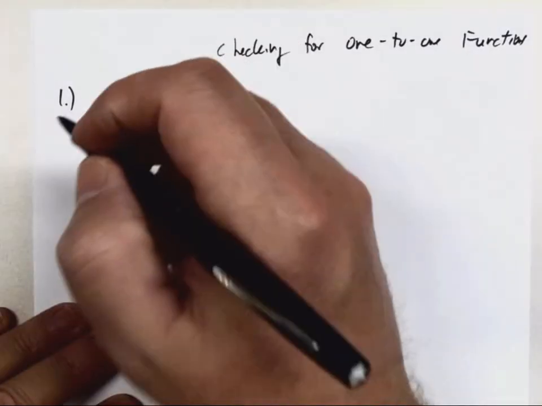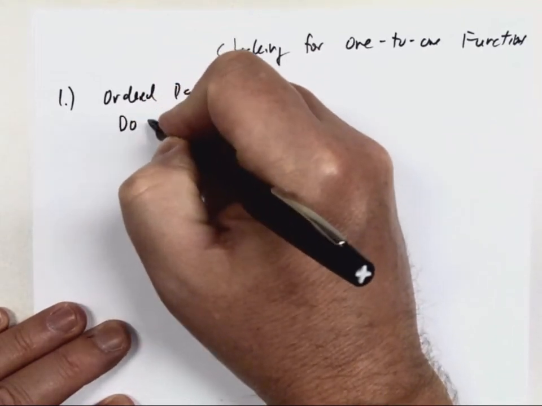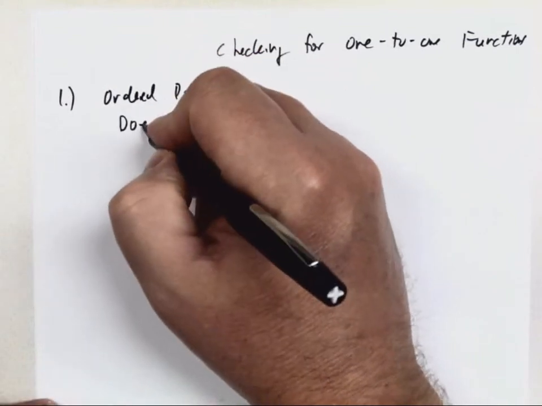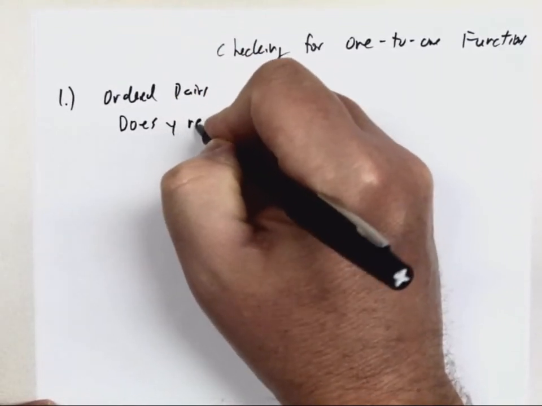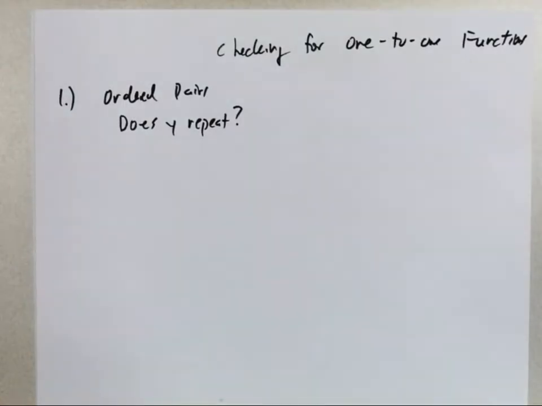For a one-to-one function, the question is, does y repeat? Because it's a function, we've checked if x repeats, and now for one-to-one, does y repeat?